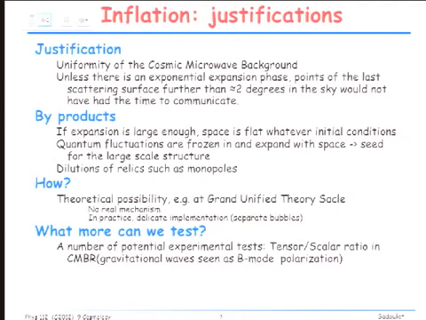You see the edge of the fog. When the proton and electrons are free, the photons cannot travel very far. They scatter all the time on the electrons, and then suddenly, when the hydrogen forms, the universe becomes transparent.